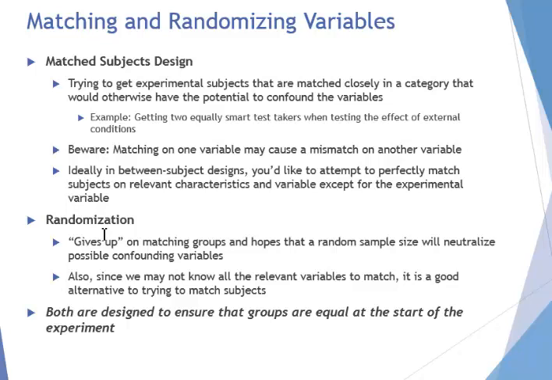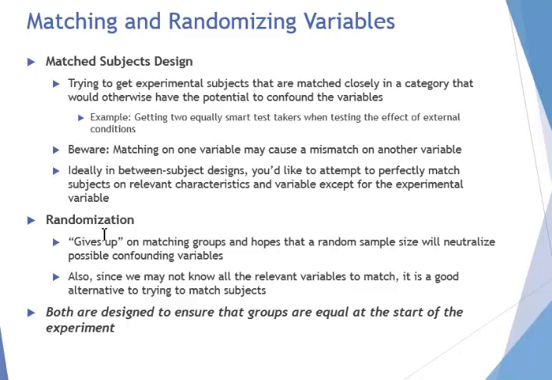Now, you're not going to have perfect control groups, because if you randomize people, you're going to have some people that are smart, and some people that are stupid, and some people that are young, and some people that are old, etc. But if you have a large enough sample size and you randomize it enough, odds are those factors will kind of balance each other off. You have 1,000 people taking the test in the cold room and 1,000 people taking the test in the warm room.